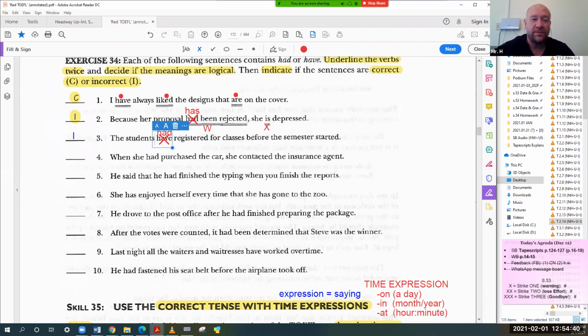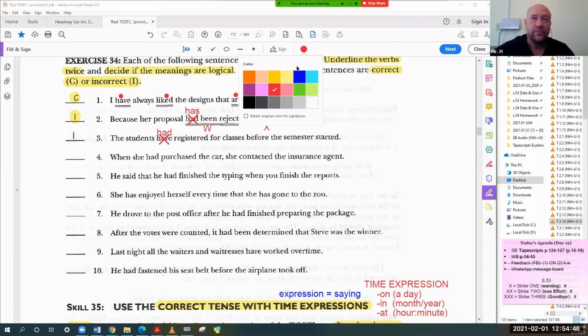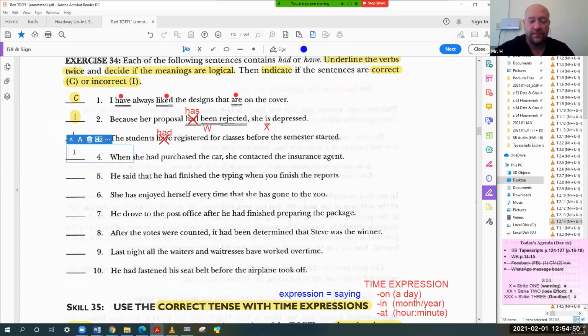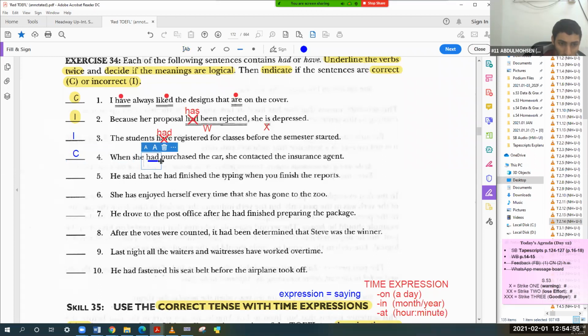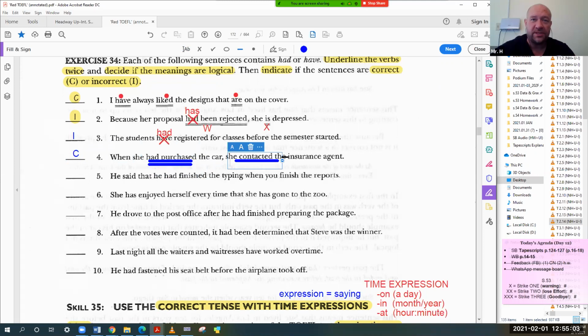Good. Abdul Mohsen. Number 4, it's correct. Okay. Where's the verb here? Had. So it's past participle. And in the second sentence, we also have past simple here. When she had purchased the car, she contacted the insurance agent. Which one is first, guys?